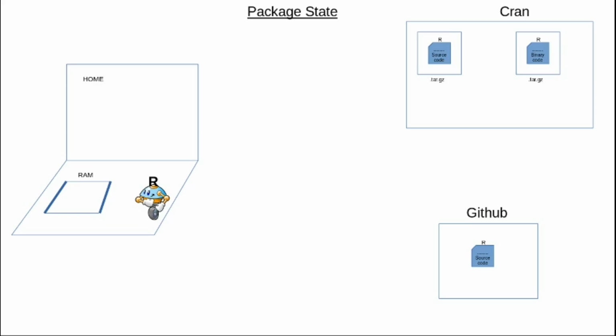There are two forms of package you will find on the internet. CRAN and GitHub are just like a website, a server. You can think of it as the Google Drive you use every day where you put your files. CRAN and GitHub are similar. You find two forms of package: R code, basically the source code written by the user, and the binary code.